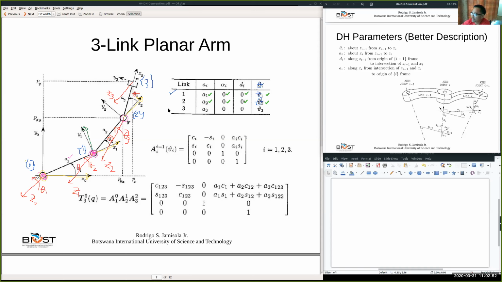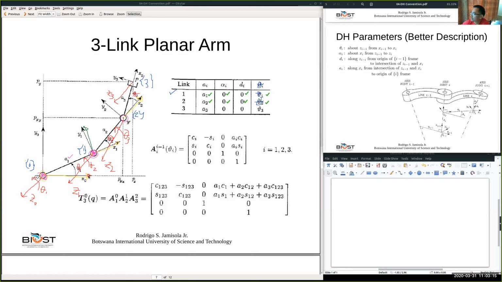Okay, so frame 3 or link 3, yeah. So link 3 is rotating about Z2, yeah. So now this is your Z2. So let's identify now your theta 3. Theta 3 about Z2, this is Z2.